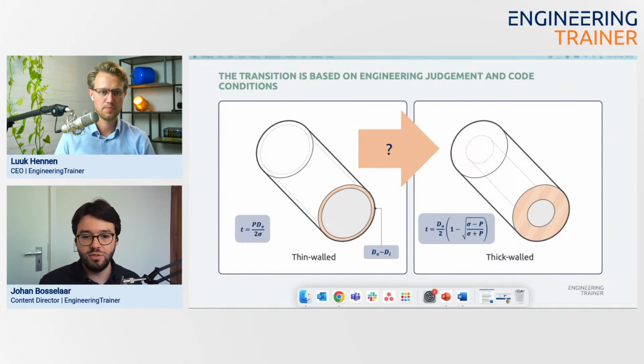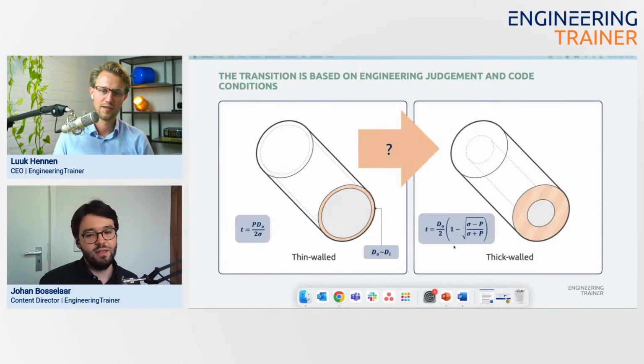So that's the PD over 2T, or PD over 2 sigma in this case, because we rewrote the equation. And you can also do the same for the thick wall piping, and then you can see that the equation for thickness looks like that, like you see on the right.